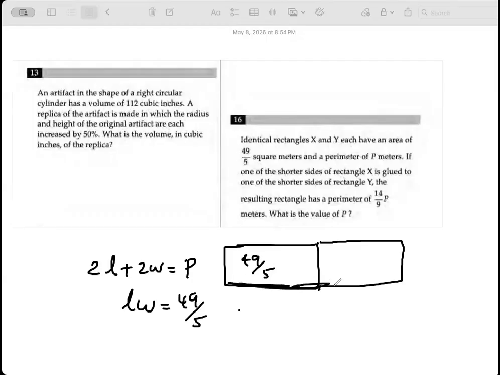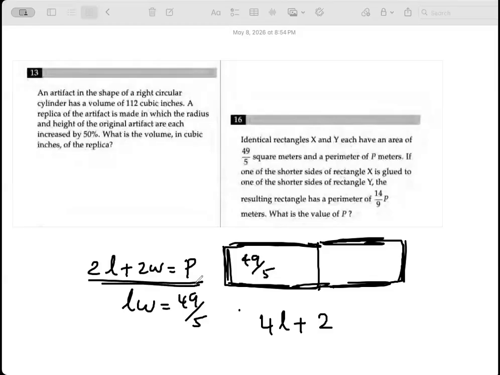Perimeter now becomes what? 4 longs plus 2 shorts. Earlier, 2 long plus 2 widths was P. Now it becomes 1, 2, 3, 4 longs plus 2 widths, which will be equal to 14 by 9 P.